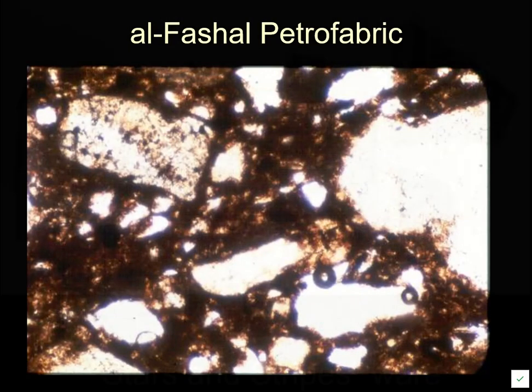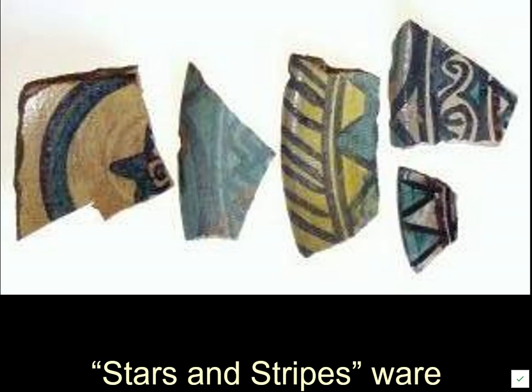Right, so the earlier pottery, that unglazed stuff from the 9th century, we only found was made in Zabid and also at Fasa on the coast. But later they started making glazed pottery. This is a type known as stars and stripes ware, because it has stars and stripes in it, and it's rather too complicated technically to go into.